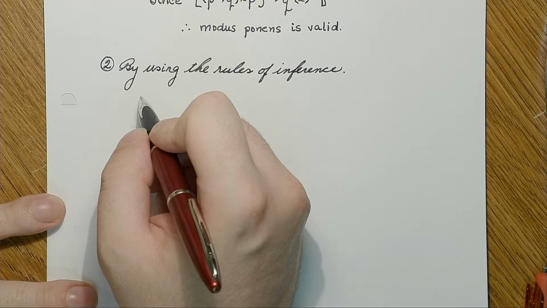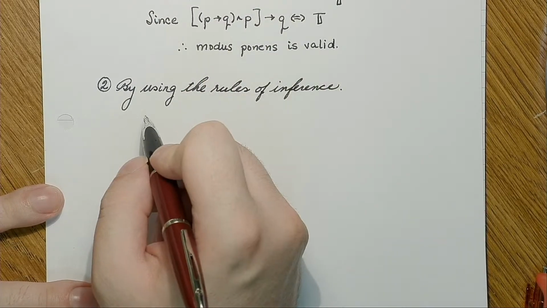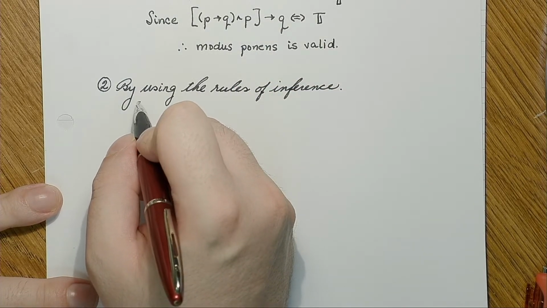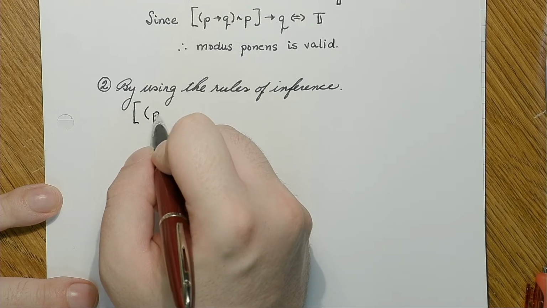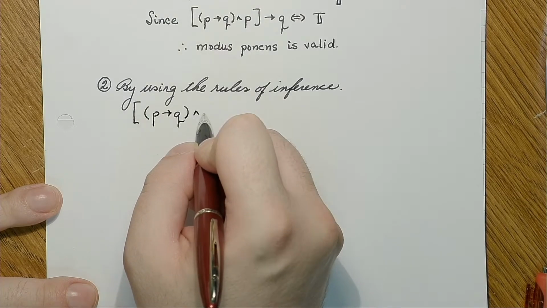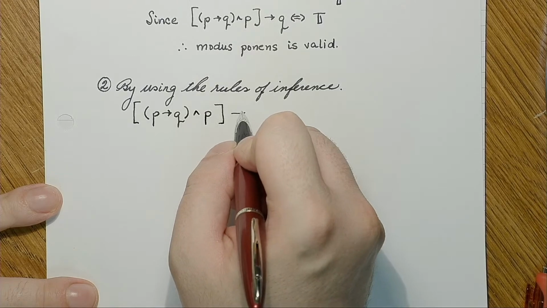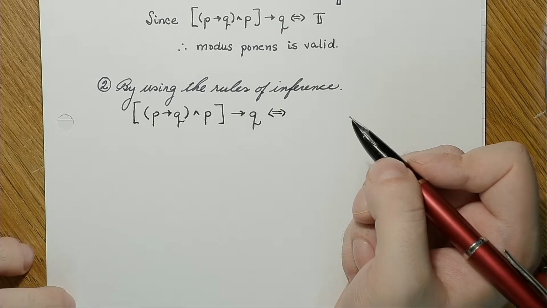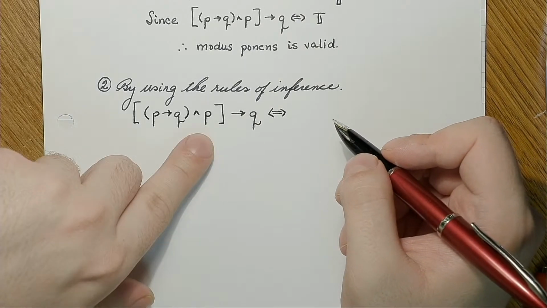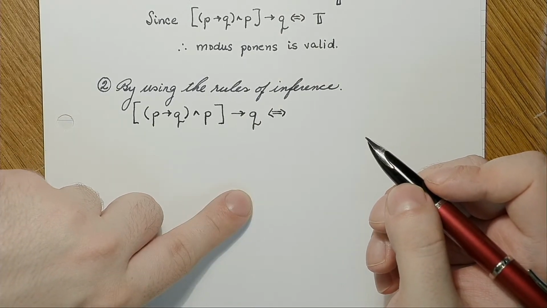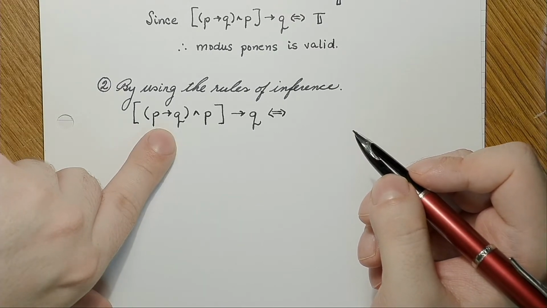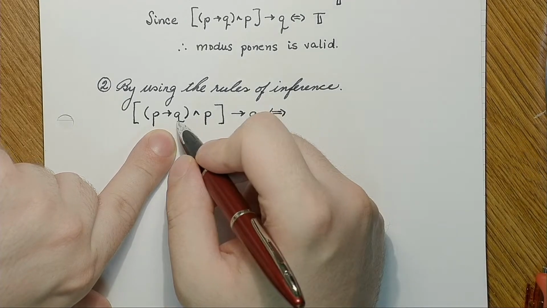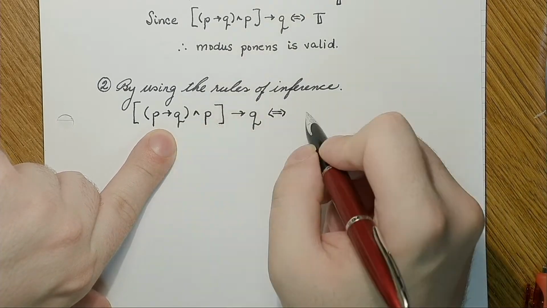Okay, so I start with the left-hand side. I'm going to show that it is going to be a tautology. Okay, so this is the first one. The first thing I'll do is eliminate this implication here.